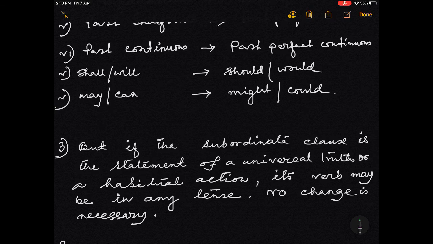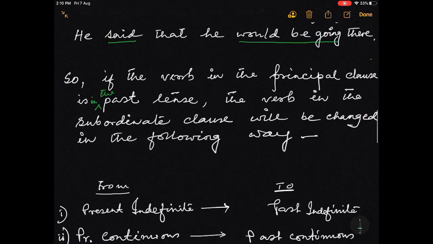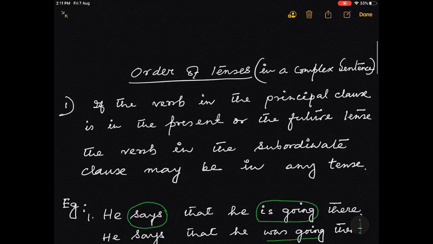So, this is the case. Rule 1 says, what does rule 1 say? The first rule is saying, if the verb in the principal clause is in the present or the future tense, the verb in the subordinate clause may be in any tense.